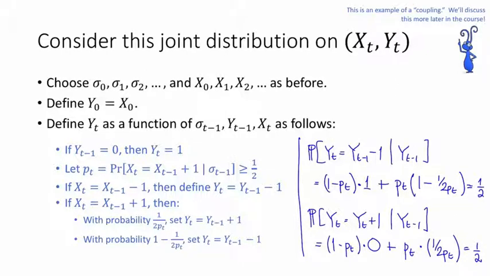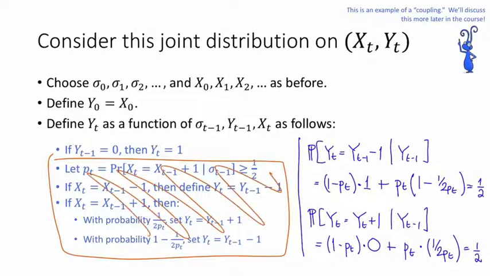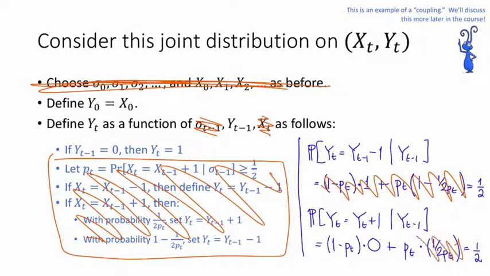Now, we've defined these y sub t's in a very convoluted way. It involved sigma t minus 1, y sub t minus 1, and x sub t minus 1, and we introduced some new randomness along the way. However, if we ignore everything about sigma and x and just focus on the y's, that is, if we forget about all of this stuff that we did, and forget about this computation, then what we're left with is just this marginal distribution on the y sub t's.